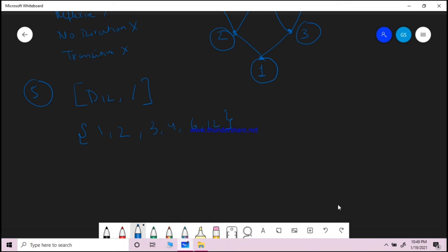The diagram will be like this. 1 is dividing 3 and 2, and 3 is dividing 6. 2 is also dividing 6. 4 is single. These two can divide 12. This is how you can draw the Hasse diagram.